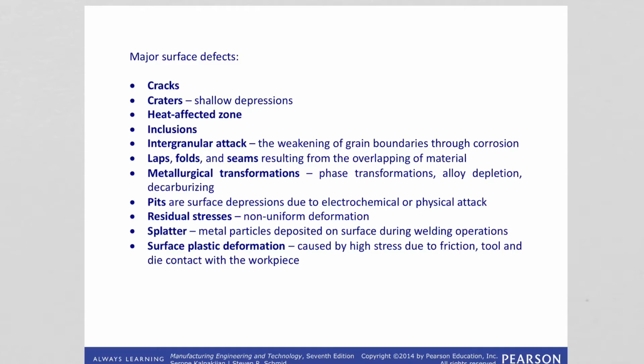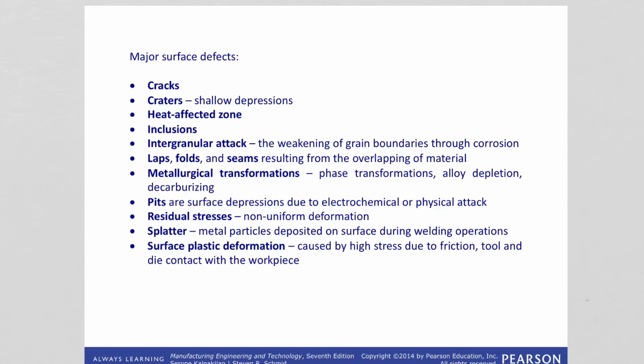It may be phase transformations, recrystallizations, alloy depletion, decarburization, and resolidification, etc. Pits. Pits are again surface depressions, and this is usually due to external chemical attack like corrosion, or electrical or physical attack, or fatigue wear.